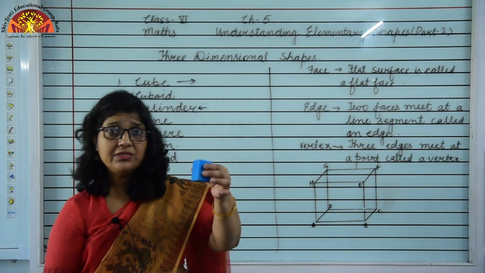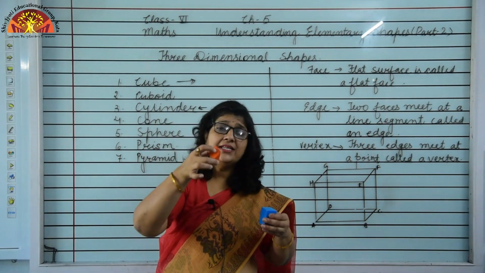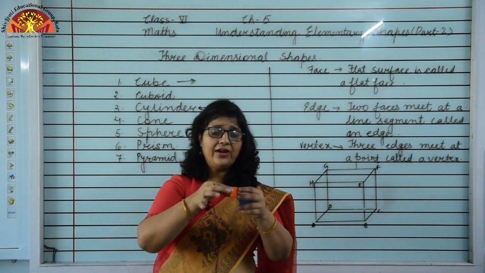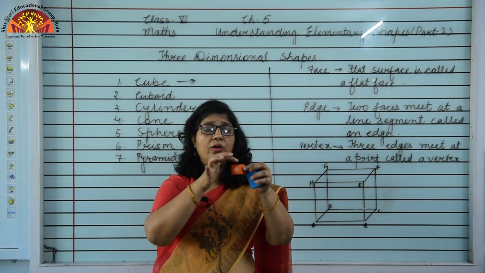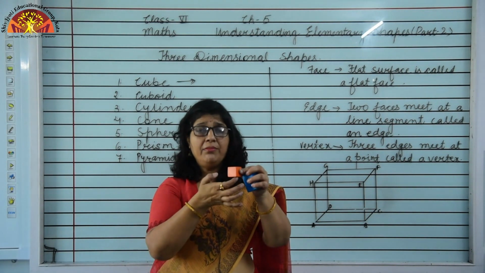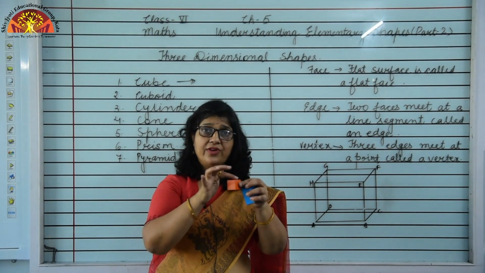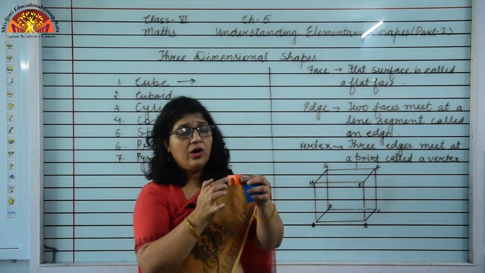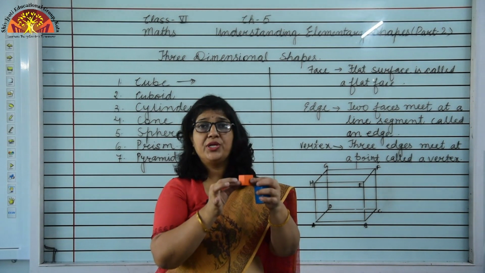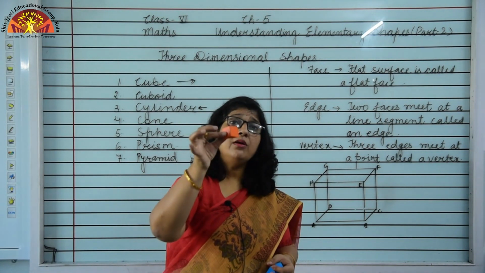This is also prism and this is also prism. This is a triangular prism. In a triangular prism we have top and bottom are same, that is triangle in shape, and side faces are in rectangle shape. Understood? So this is the prism.